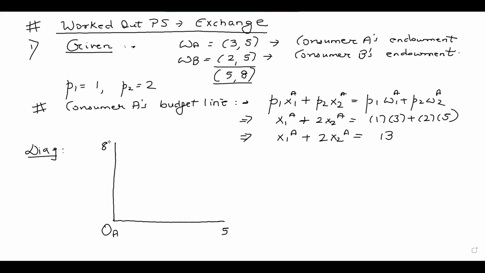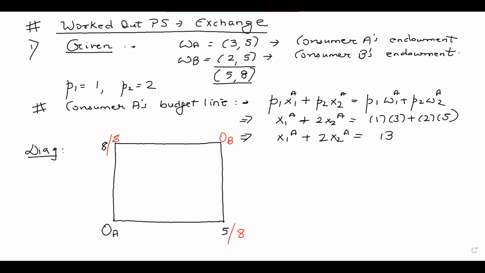Now turn your pages around to B's origin, which I'm marking in red, and from B's origin this is 8 and this is 5.